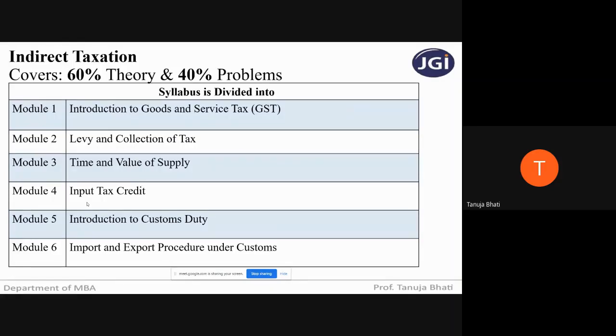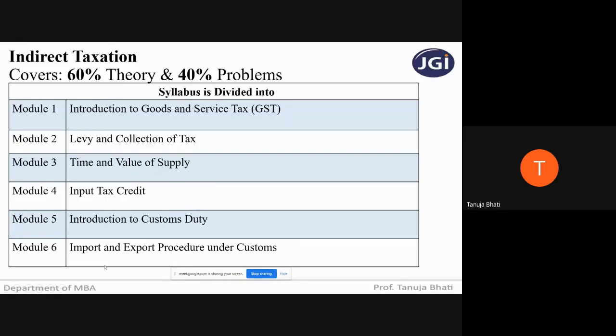At the time of purchase, whenever a dealer pays tax, the government gives him a credit for it. So under this module number 4, we will see what input tax credit is and who is eligible to take the credit on purchases. Always remember, output tax is a tax on sales and input tax is a tax on purchases. That concept relating to input tax is covered in module number 4, which is again complete theory.